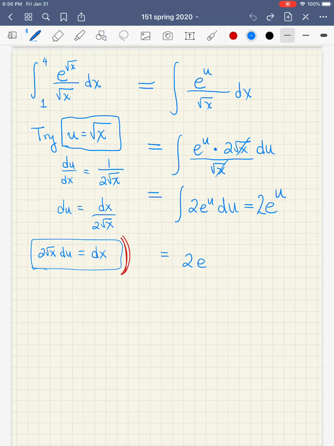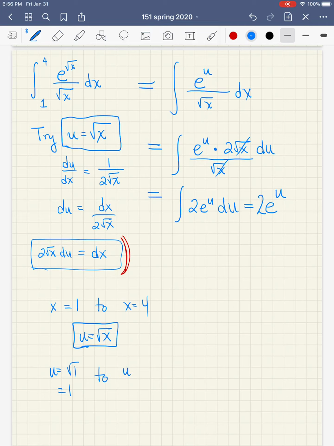Okay, all right, we're back. So if x is going from 1 to x equals 4, then what do we know about u? Well, remember, u is equal to the square root of x. And so if x equals 1, then u is the square root of 1, which is 1.